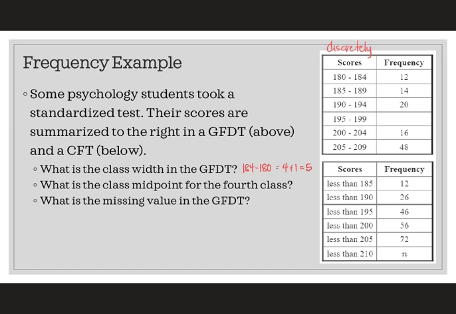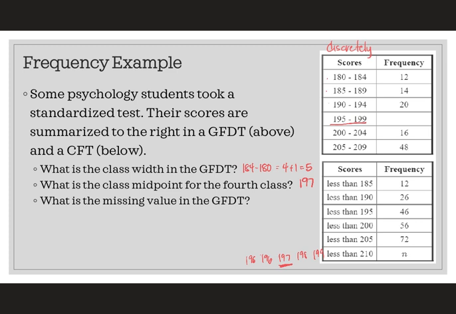Class midpoint for the fourth class. So we're going to go 1, 2, 3, fourth class, 195 to 199. Midpoint is just an average, so you can do this one of two ways. If it's a skinny class, I can write them out, 195, 196, 197, 198, 199, and the middle is 197.